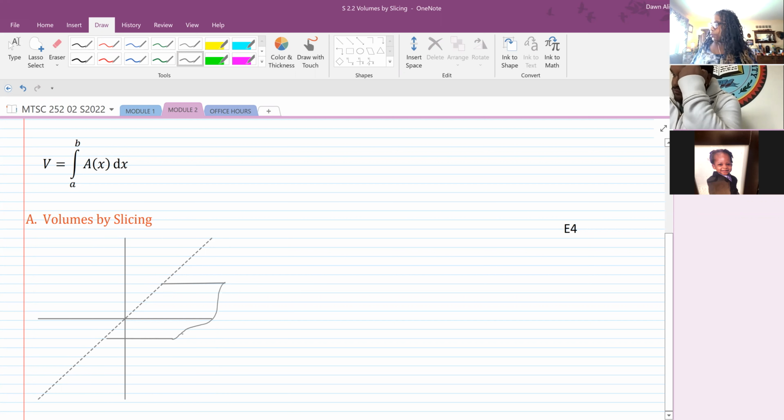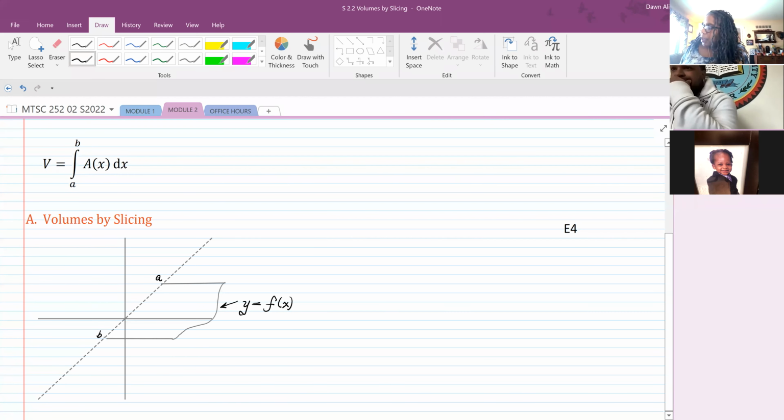Okay, so this is my region. This is a function, y is equal to f of x, and I'm at a to b.